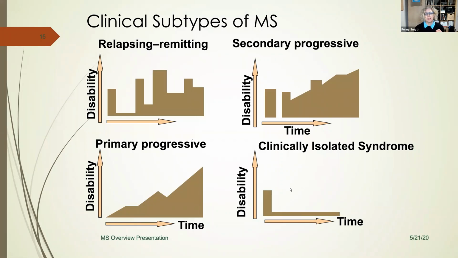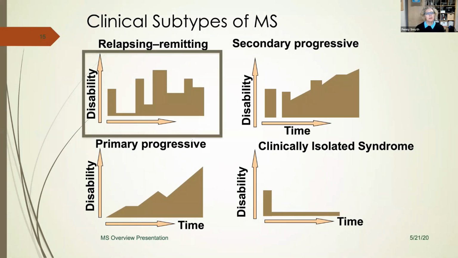And then there is the occasional person, and I put this in here after I saw what we did last week, that has a single attack of MS and maybe has nothing else over time. Or there's also single attack progressive MS, where they have a single attack maybe in their 20s and then they're fine for decades. And then in their 50s, they notice a slow, gradual worsening and have moved right into progressive MS. So most of the treatments that have been developed to this point are for that relapsing remitting group of patients. And why is that?